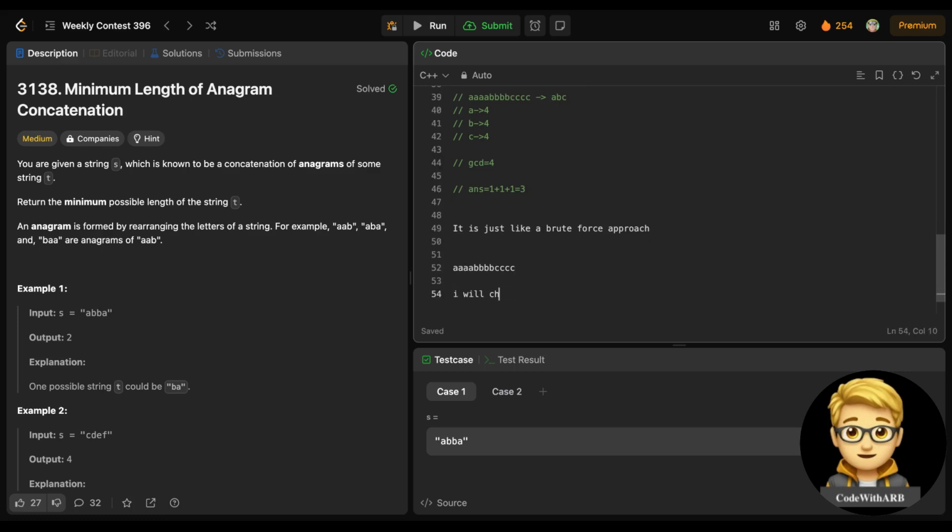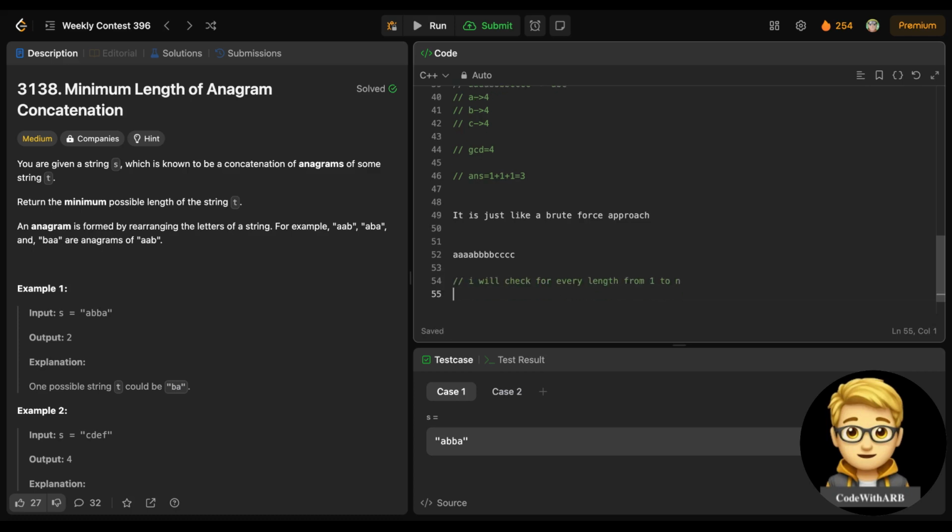What will I do? I will check for every length from 1 to n, and check whether the number of all the characters within the current length are equal or not.